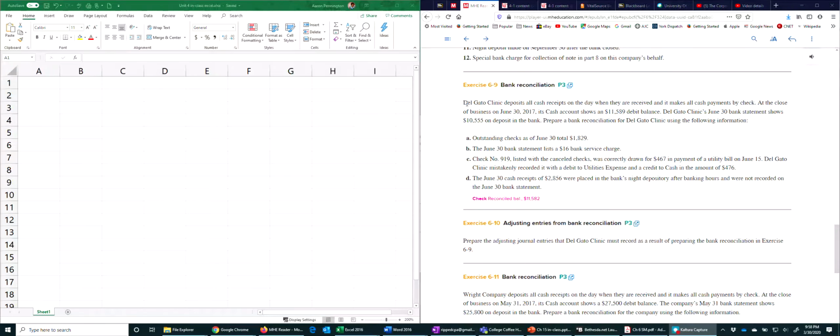So the problem gives us Delgado Clinic deposits all cash receipts on the day when they are received, and it makes all cash payments by check. At the close of business on June 30th, 2017, its cash account shows $11,589 debit balance.